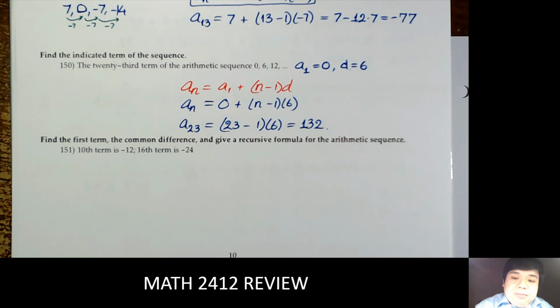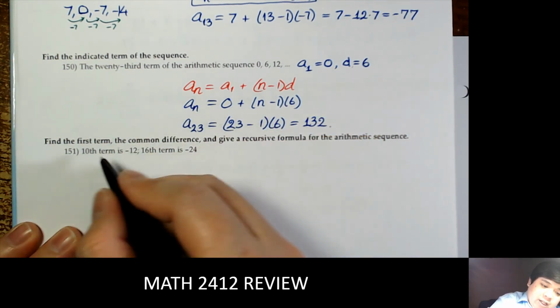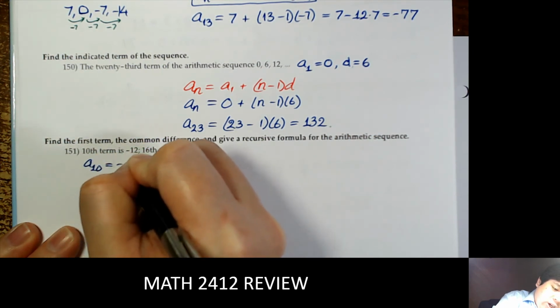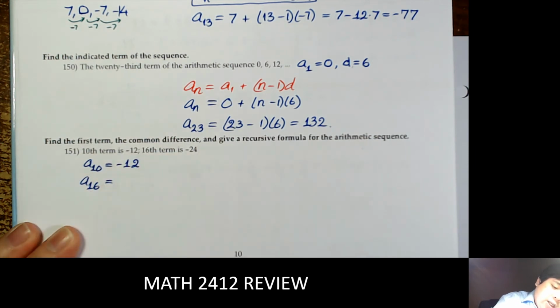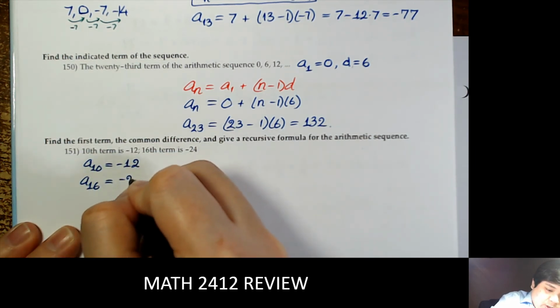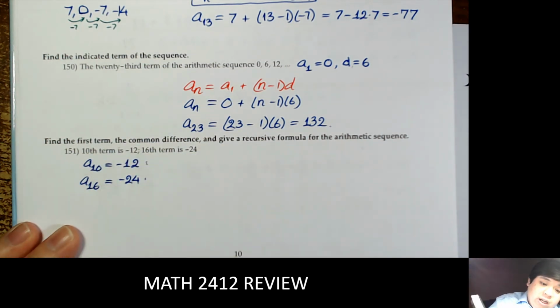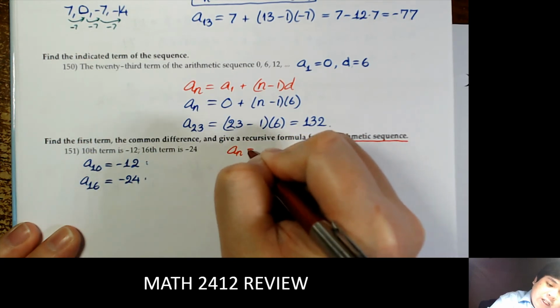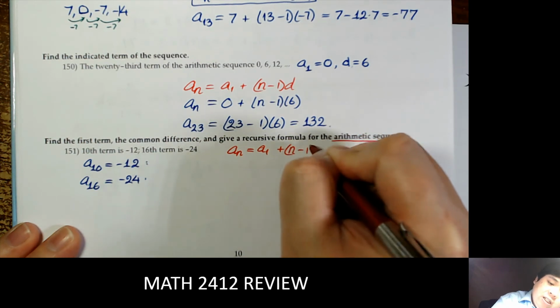Next, we have the 10th term is equal to negative 12, and the 16th term is equal to negative 24. And good thing, it is still an arithmetic sequence, so an equals a1 plus n minus 1 times d.